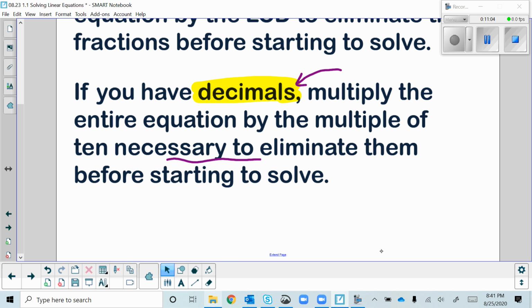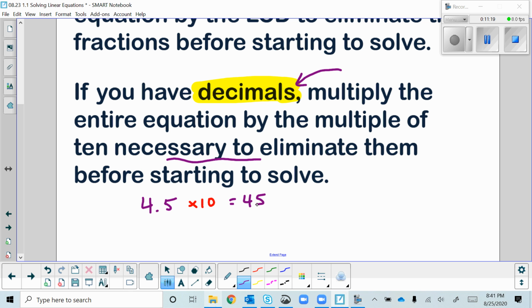Here's what I mean. If I have a number with a decimal like 4.5, there is one decimal place, right? So if I were to multiply that by 10, I would get 45. Notice there's no more decimal.